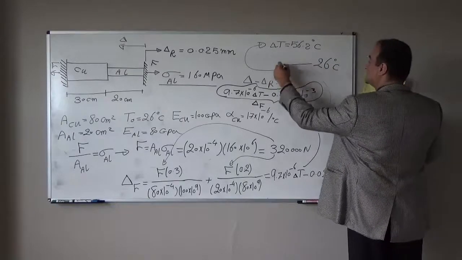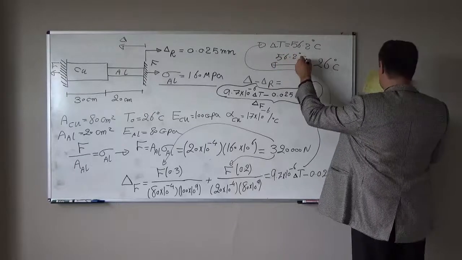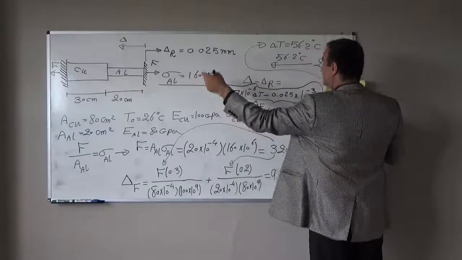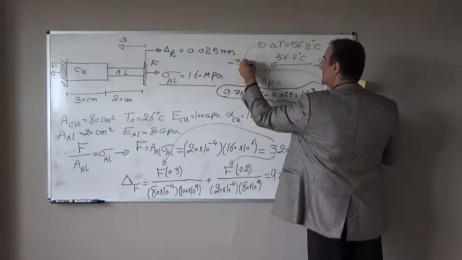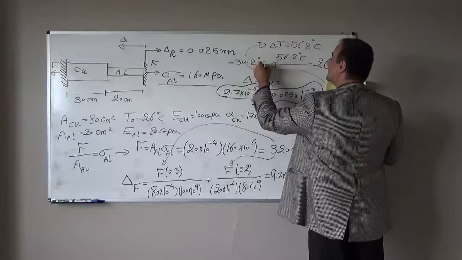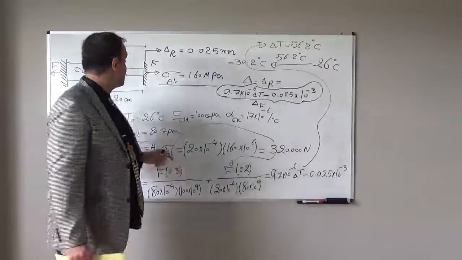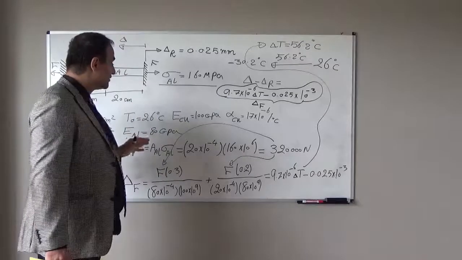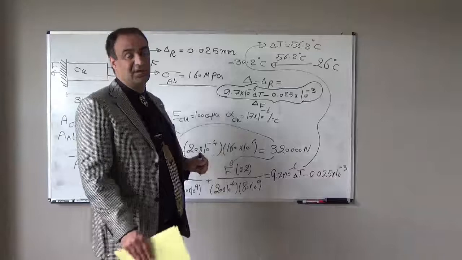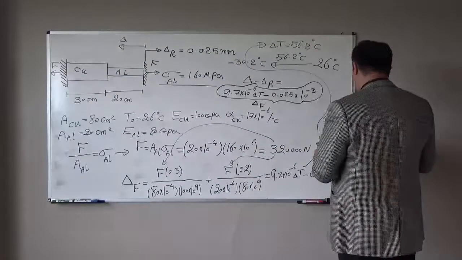If we decrease that 56.2 degrees Celsius, the temperature for that assembly will be negative 30.2 degrees Celsius. In that case, we will have stress inside of the aluminum, which is equal to 160 megapascal. So let's look at another problem.